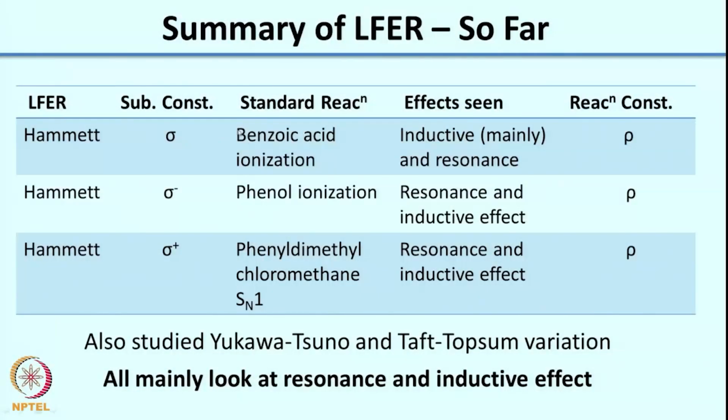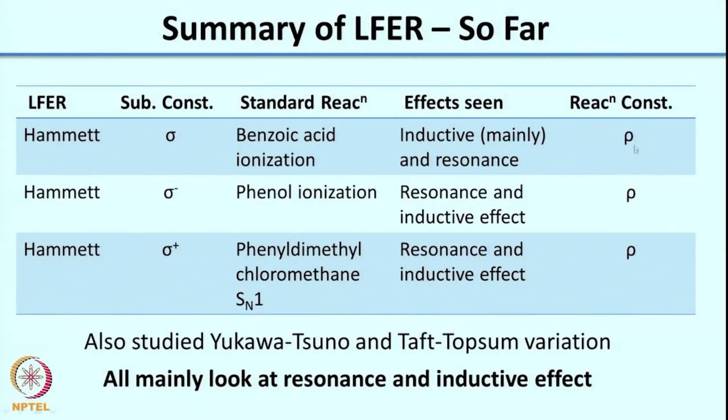This basic reaction is benzoic acid ionization or dissociation for the sigma scale, and the effect seen is inductive mainly, but we have also seen a resonance contribution when we compare the sigma values. And if you were to use this to determine how the intermediate looks for an unknown or new reaction, the correlation factor is rho, which is also called the reaction constant.